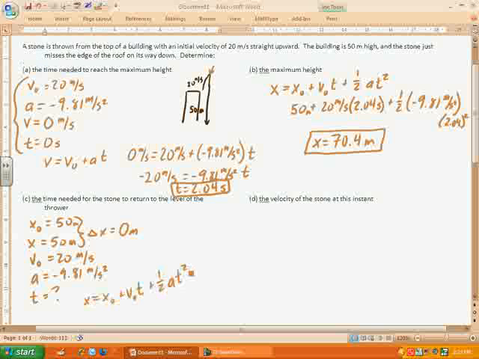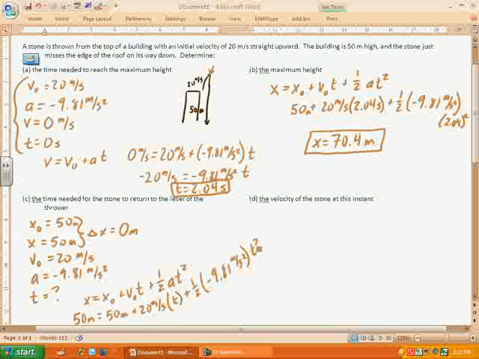Okay, so we'll go ahead and plug in those numbers. We'll have 50 meters. The final is 50 meters as well, so 50 meters equals 50 meters plus the initial velocity, which is 20 meters per second, times the time, which is what we're looking for, plus 1/2 times the acceleration, negative 9.81 meters per second squared, times time squared.